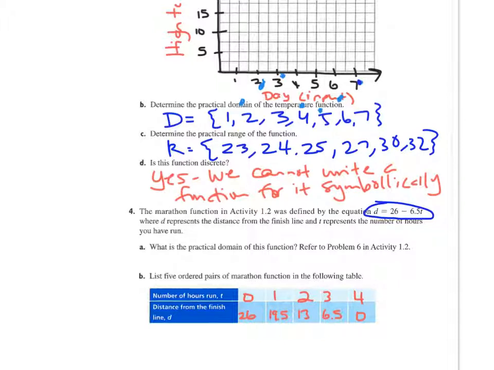But what is the practical domain of this function? My practical domain, we answered this, I think, in the last activity. I could only have from 0 to 4. I'm not going to write 0, 1, 2, 3, or 4 because it's really any real number in there.